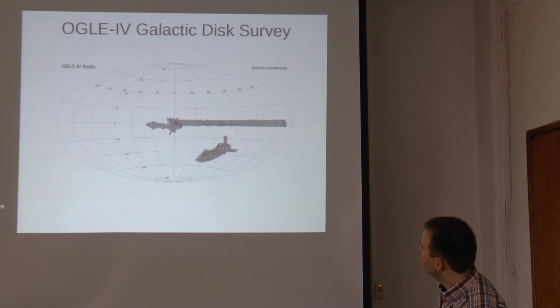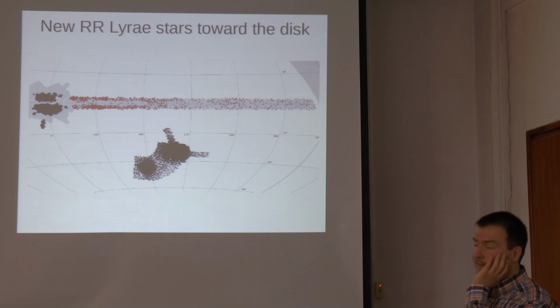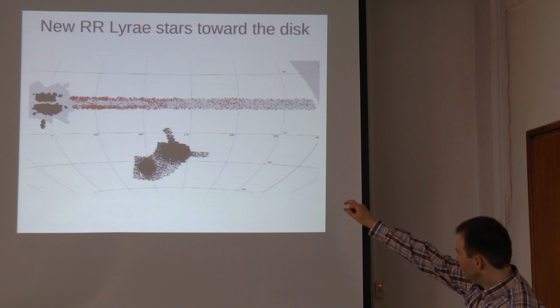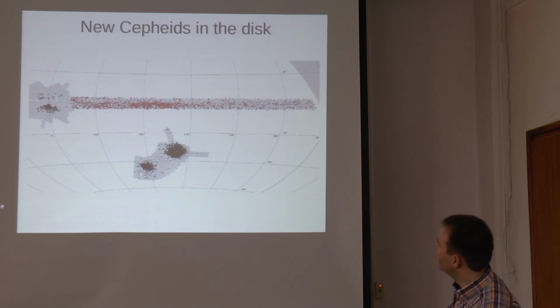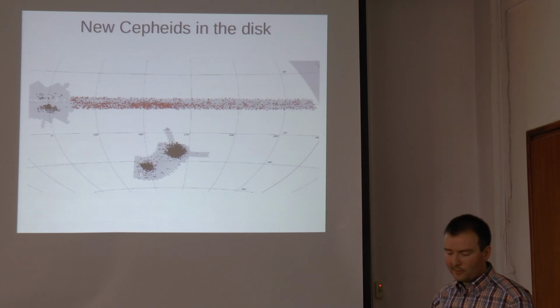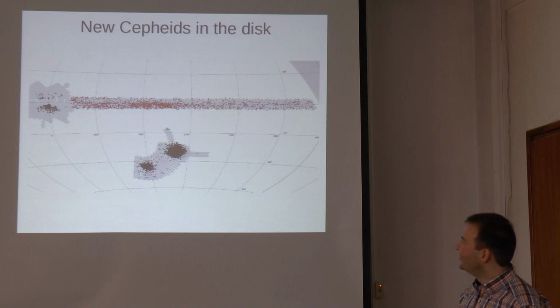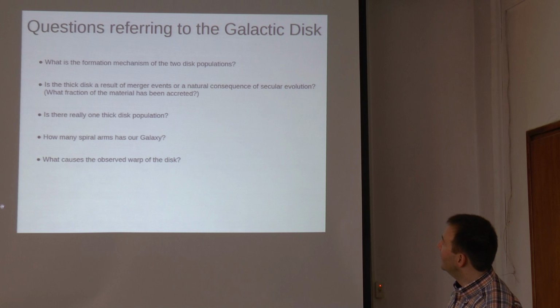So this is the OGLE sky again, and these are the most recent findings. RR Lyrae stars in this stripe of the Milky Way, and classical Cepheids. But this is very fresh, so I cannot show you anything else on the galactic structure yet.